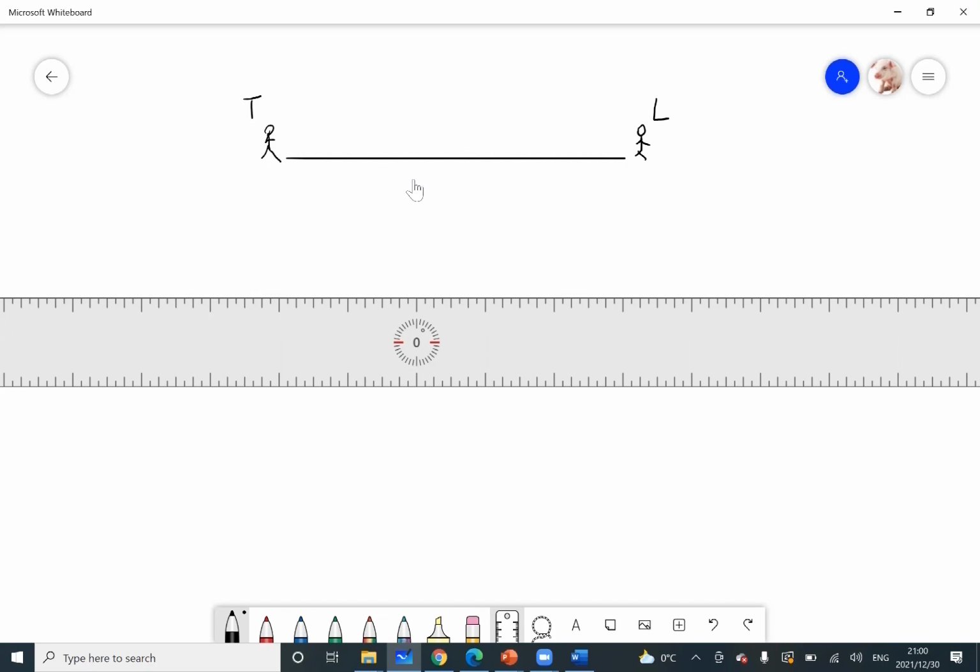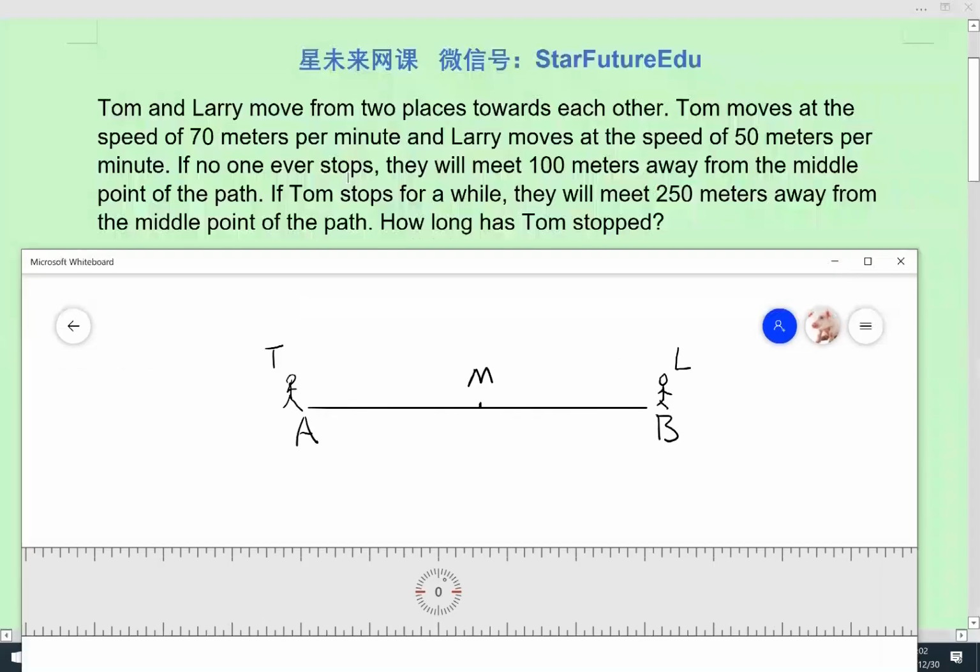They meet 100 meters away from the middle point of the path. So the middle point is here. And this is point A. This is point B. The problem only tells us they will meet 100 meters away from the middle point of the path.